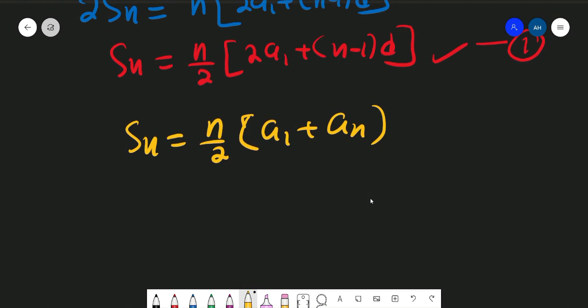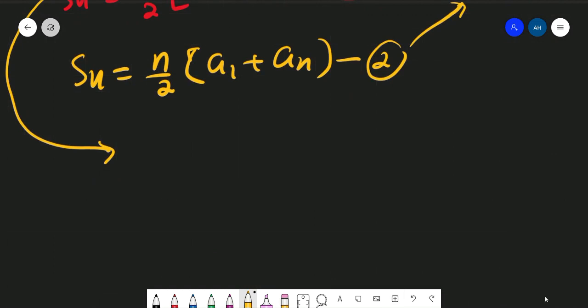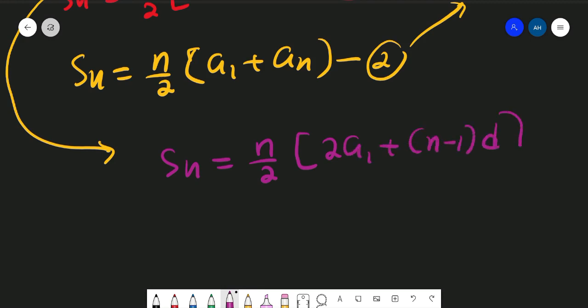Actually, this formula number 2 is coming from formula number 1. Let's write down again formula number 1, that is Sn equal to n over 2 times 2 times a1 plus n minus 1 multiplied by d, like this.